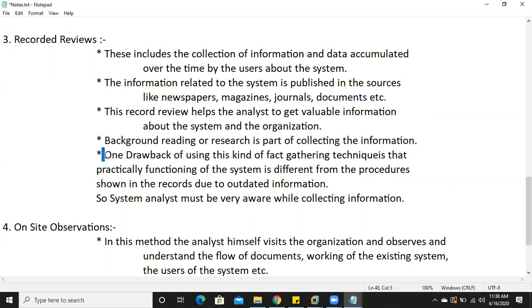Last, the drawback of recorded reviews. If we take the recorded reviews as the information or data about our system, there is one drawback.